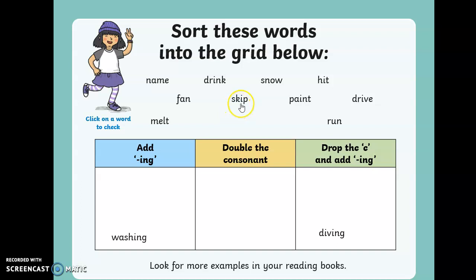So if it ends, so that's a vowel, I is a vowel, and P isn't a vowel, is it? So we need to double the consonant there. Can you remember? Because if it hasn't got two consonants, we double it. Let's have a look. Skipping, well done. So I've done three. You've got now 1, 2, 3, 4, 5, 6, 7, 8, 9 words now to do.